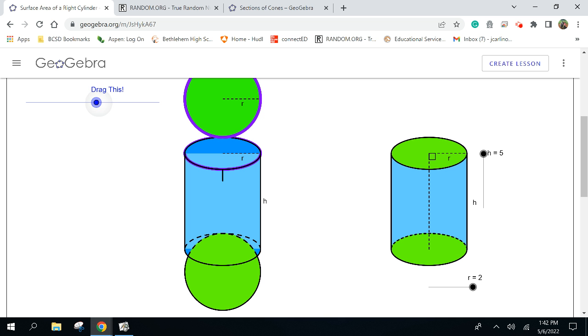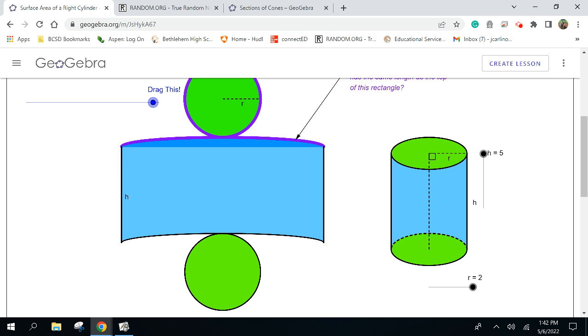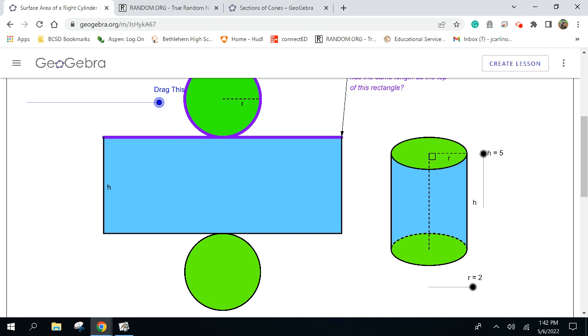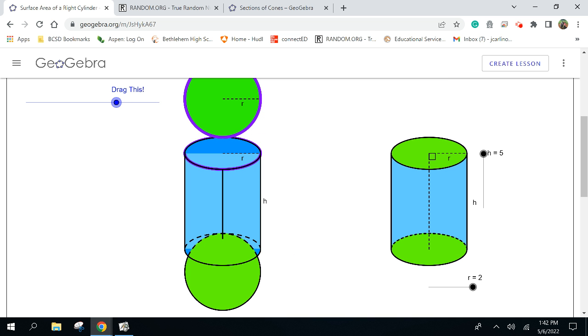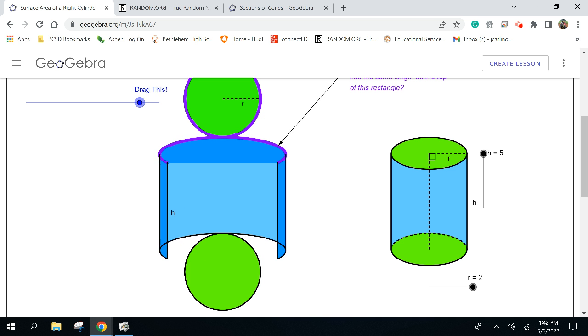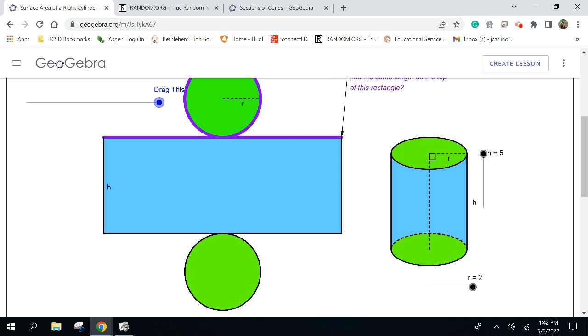Watch what happens. What's this going to actually end up forming when I unravel that lateral area? A rectangle. The lateral area ends up forming a rectangle, doesn't it? Everyone see? Oh, you want it again? Sure you do. Here you go. Everyone see the lateral area is formed a rectangle. What's the formula for a rectangle?